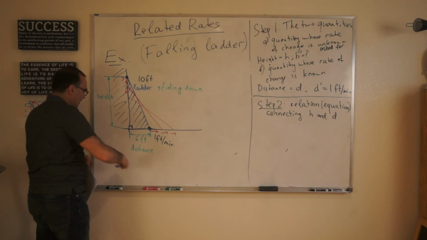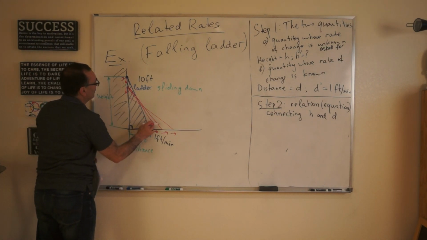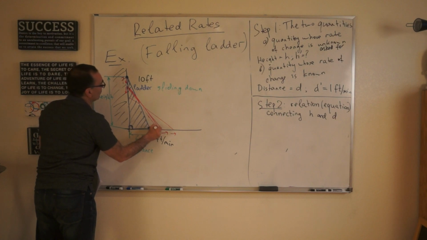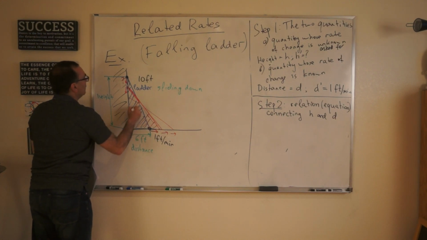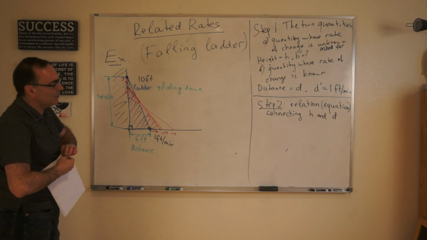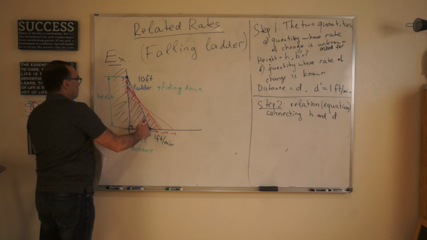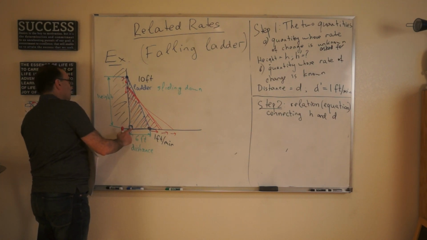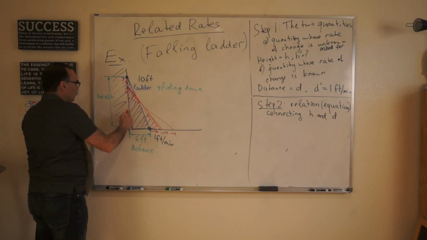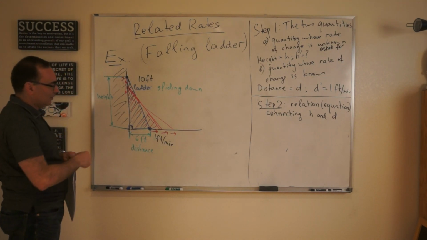When it slides a little bit, it will be a different right triangle, like this one, but still it will be a right triangle. So at any moment of time, this triangle formed by the wall, the ground, and the ladder will be a right triangle.